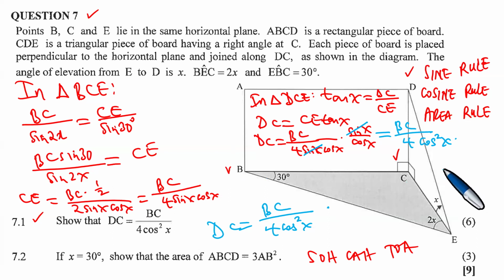It's a rectangle. So this ABCD is a rectangular piece of board. But we need to show that its area is 3AB squared. So how do you find the area of ABCD?